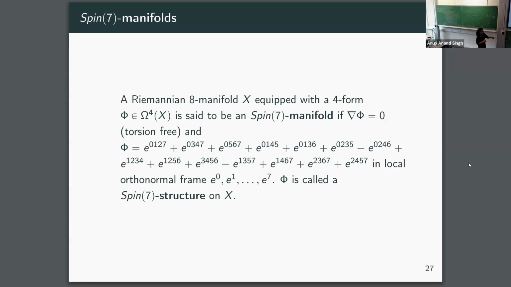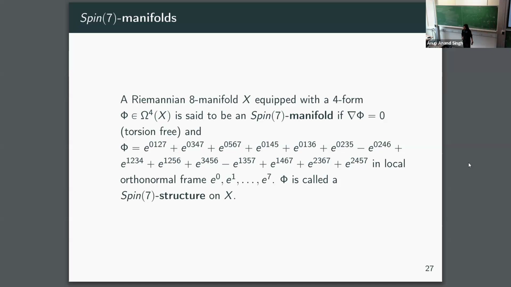Now if you have this 4 form, you can write this 4 form capital Phi as dx0 wedge phi plus star phi.